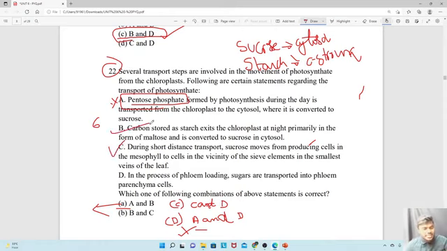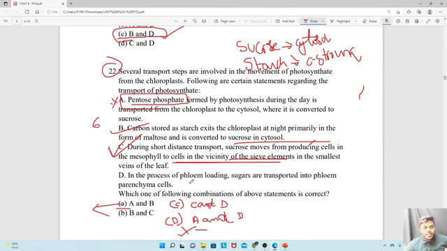Even if you feel C is wrong, with B you can easily answer C. B is absolutely true, where sucrose is produced in the cytosol only. Option C is true, friends. The sugars will be passed into the sieve elements of the small veins. Don't get confused with that. C is the right statement. These are the exact lines of the book.